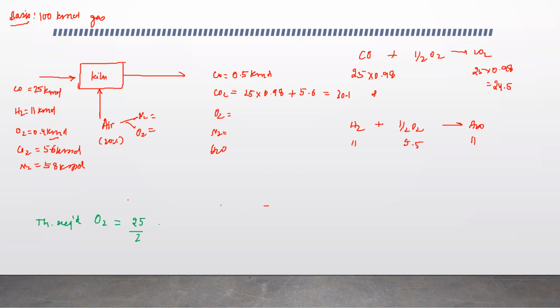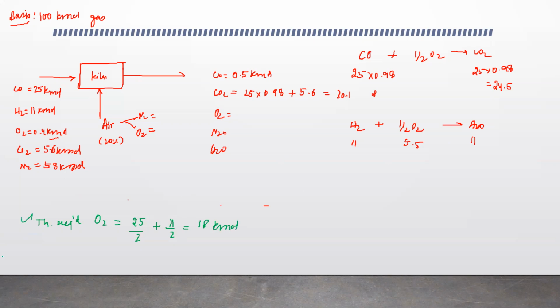So it's 25 by 2 plus, for 11 kilomoles of hydrogen, we need 11 by 2 kilomoles of oxygen, right? So this is the theoretical required oxygen from both the reactions, that is 25 by 2 plus 11 by 2, that is 18 kilomoles.